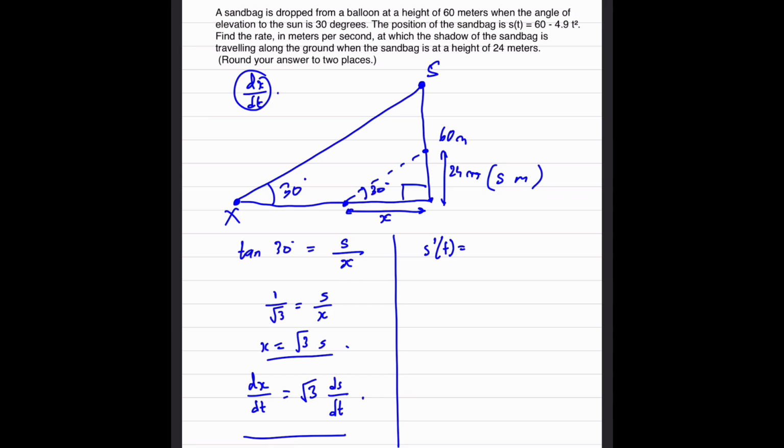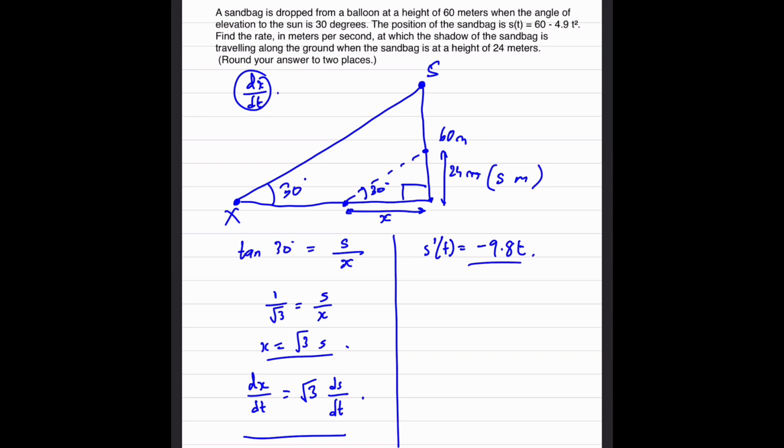The 60 will get cancelled out because it is a constant, so it'll become 0 when we take the derivative. And over here, the minus 4.9 t squared, take the power, bring it down and multiply, and then subtract 1 from the power. So it'll be minus 9.8 t. That is s dash of t.